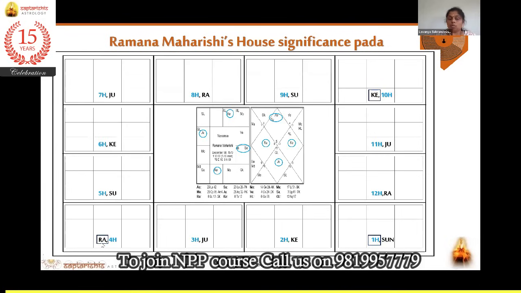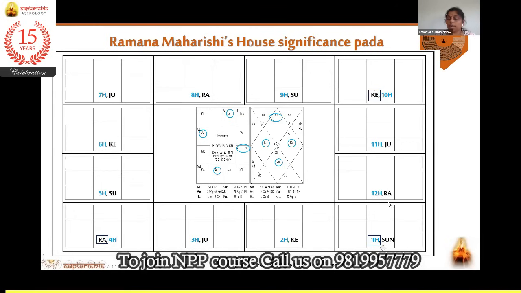He has the natal placement of Rahu and Ketu, which influences his houses more. So his 4th house is influenced by Rahu and 10th house is influenced by Ketu, because they are the natal placement. So it is very, very significant here.